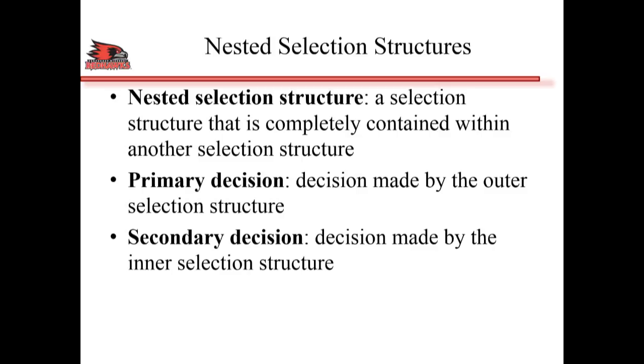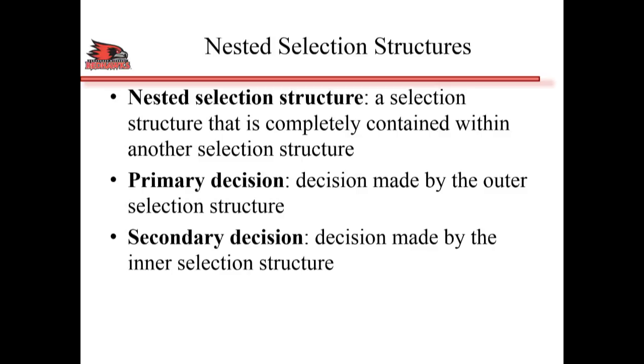So basically, to go into the second statement, you have to fulfill the condition of the first one. And it basically gives you a compound selection structure so that you can make several decisions at one point.